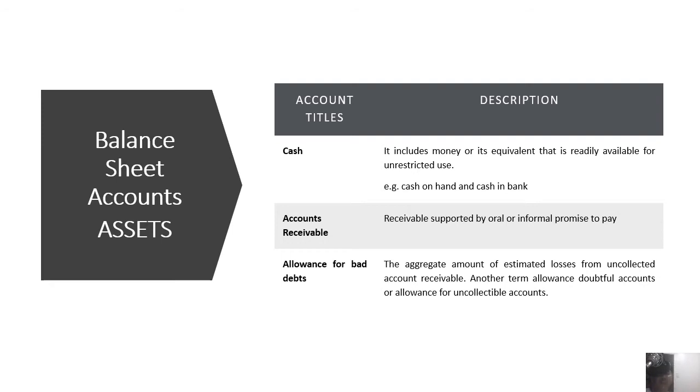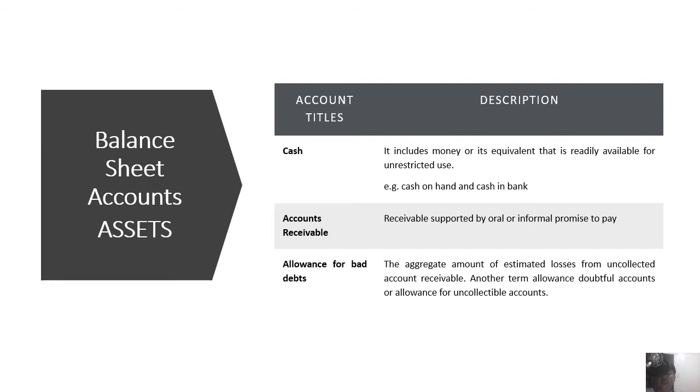Allowance for bad debt. So, of course, di ba, may mga utang sa'yo yung iyong customer. So, it is accepted na hindi lahat yun, hindi 100% makukolect mo. Kaya mayroon tayong tinatawag na allowance for bad debts. Masamang pautang. So, ibig sabihin, ito yung mga receivable na hindi mo na makukolect. Allowance for bad debt is related sa accounts receivable.